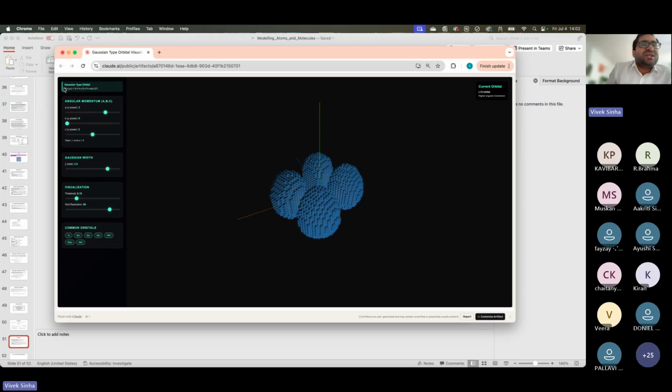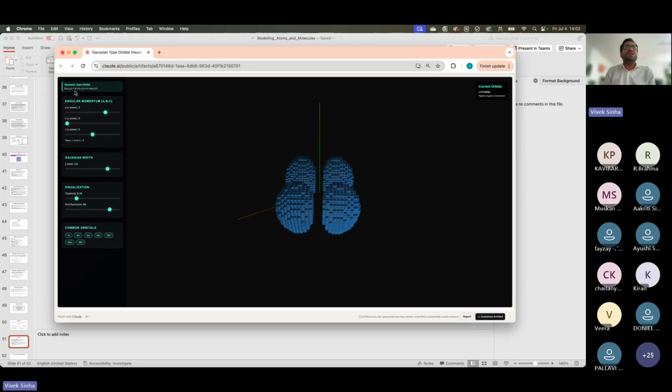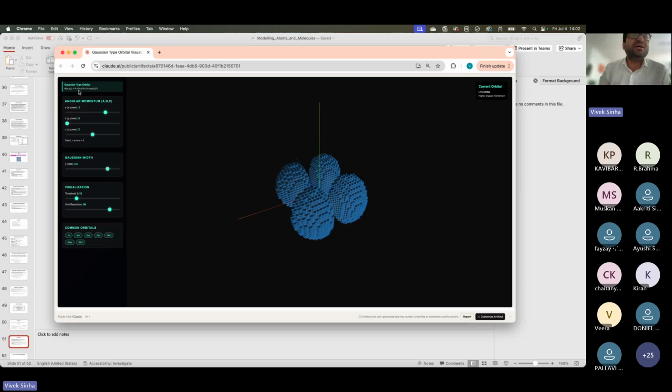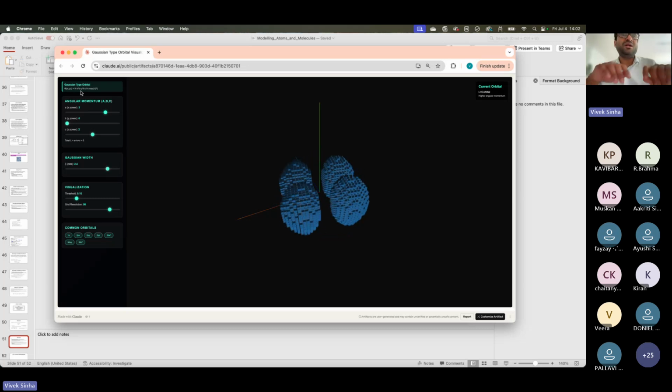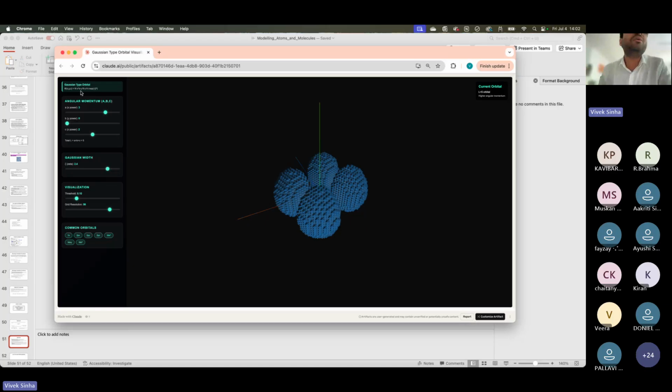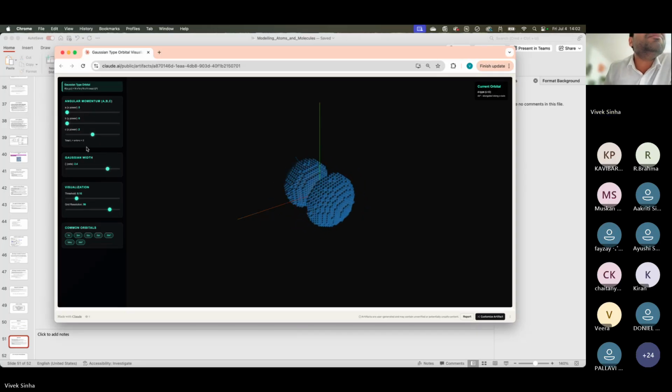So this is a function of a Gaussian type orbital. It essentially has a prefactor N, and then you have the x, y, z raised to a certain power that depends on what kind of angular momentum you have in space, and then you have the exponential of minus zeta r square. If you change the kind of angular momentum that you have, then it changes the shape.